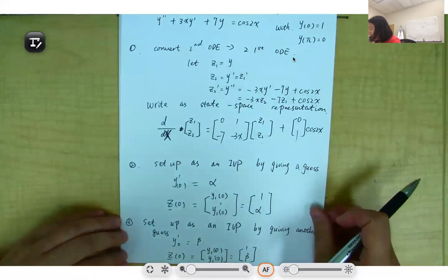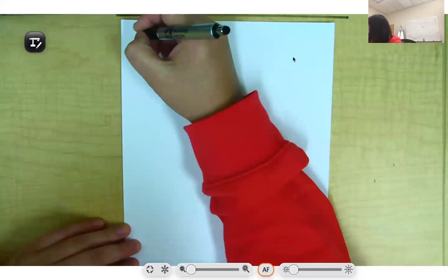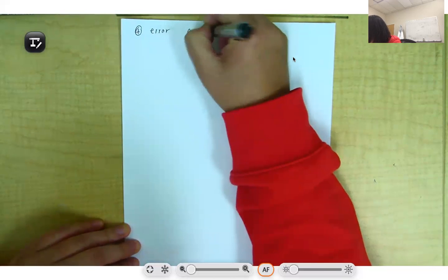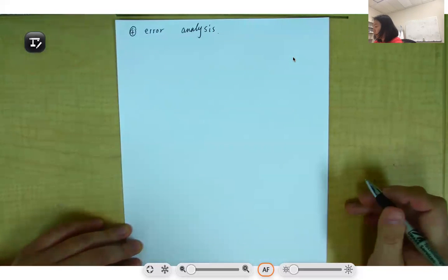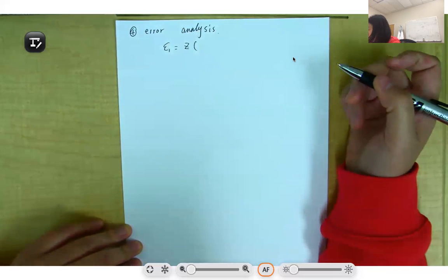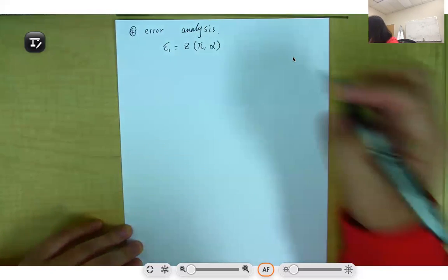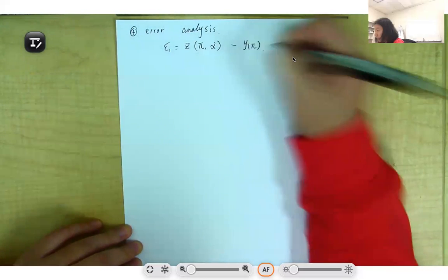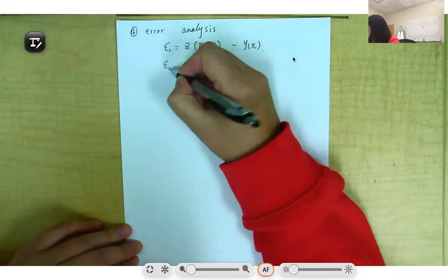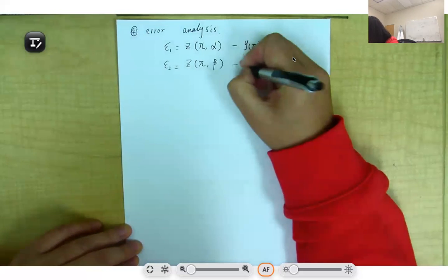So let's do the error analysis. What is the error analysis doing? You have error 1, which is z at the next point, pi, based on your initial guess alpha, minus y(pi). And y(pi) you already know is equal to 0. The error 2 is z at pi with beta minus y(pi).